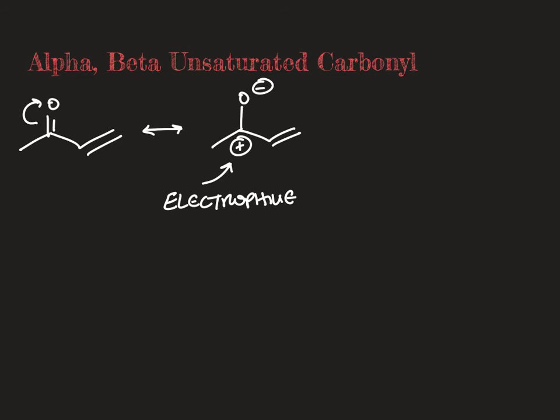And that carbon is still electrophilic with the alpha-beta unsaturated carbonyl, but we have another option as well. Once we move these pi electrons over here, we find that the positive charge ends up out on the end. And so now we have a second location for an electrophilic site.